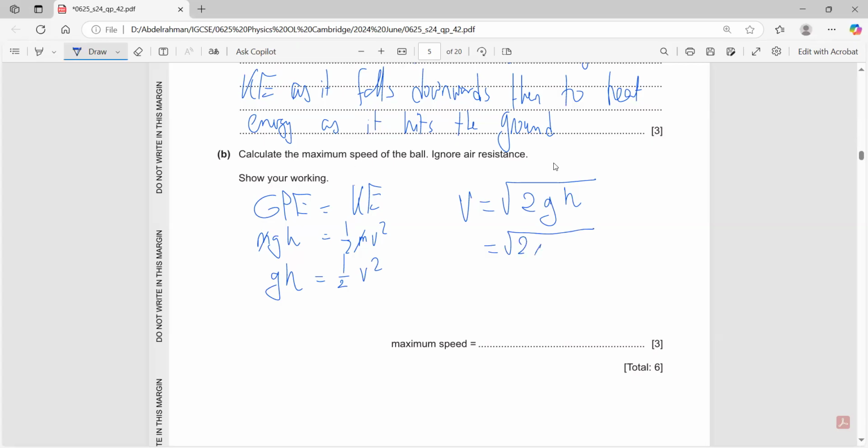Square root of 2 times 9.8 times the height of 1.8 is 5.9, or you can say 6 meters per second. I guess we need to be a bit more accurate and just write down 5.9 instead of 6.